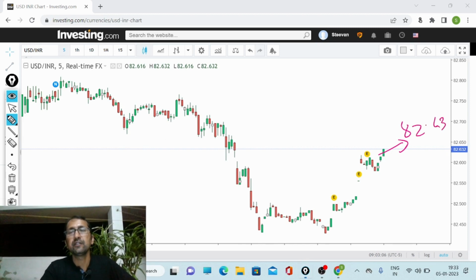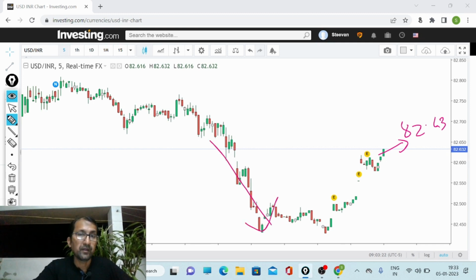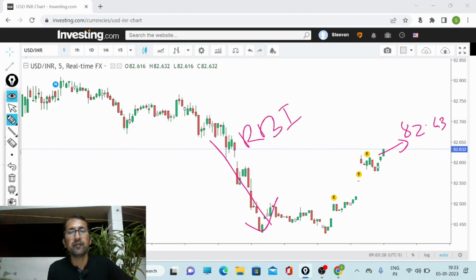Today the commodities, gold, and then the equity markets collapsed. So everything was against the USD pair, but still in the USD pair there was a fall. It can be due to RBI intervention.